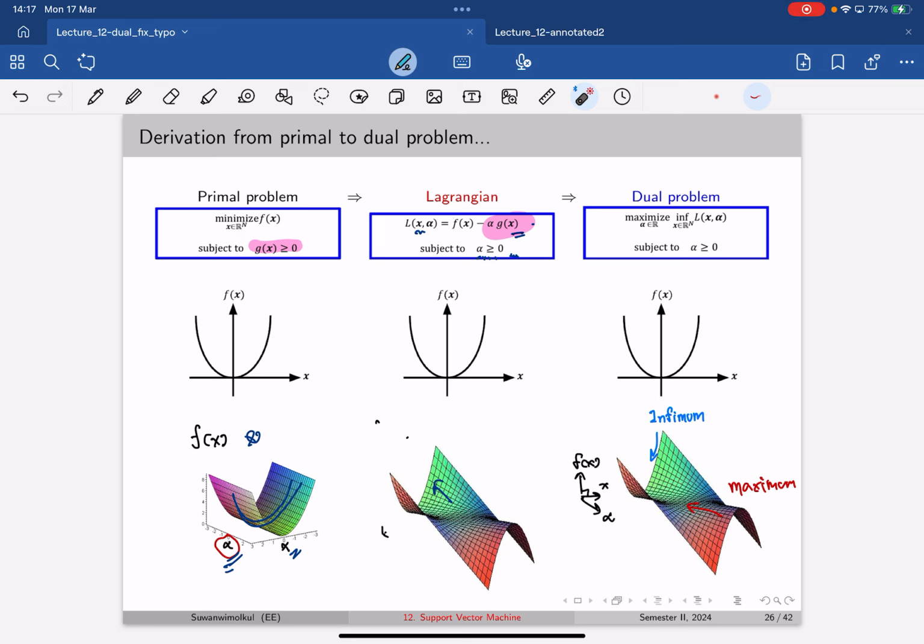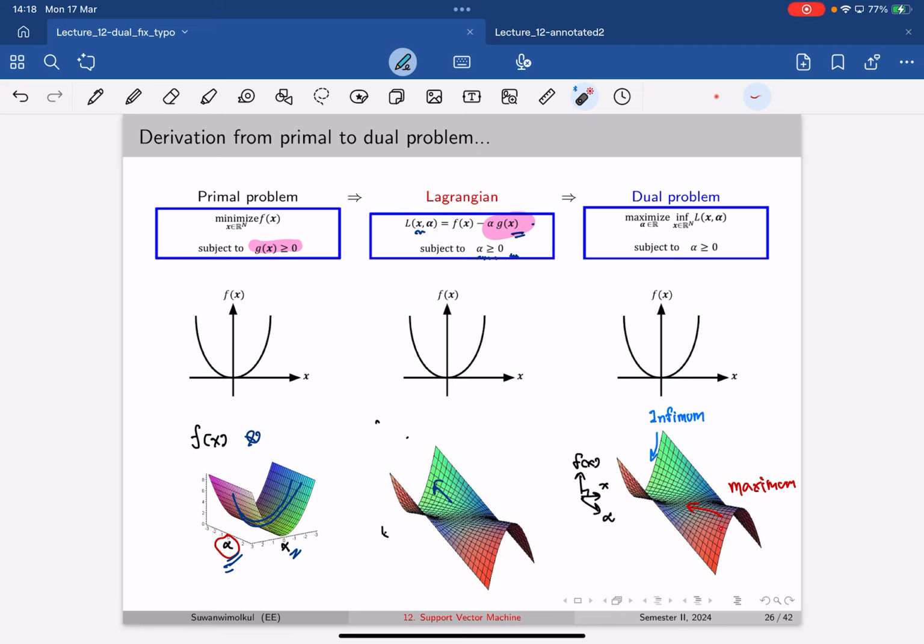In order to find x, that is what you want to find to minimize this f(x), it just turned out that when you change your objective function to be this one, like a Lagrangian term, you have alpha as another variable. So how to find x? That means you have to maximize this objective function with respect to alpha.